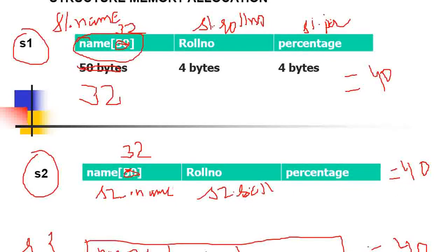Same, I hope you have understood. So these are the memory locations. Let's say this memory location is 1024, the starting address of name. So from where roll number will start, 1024 plus 32 will be equal to 1056.